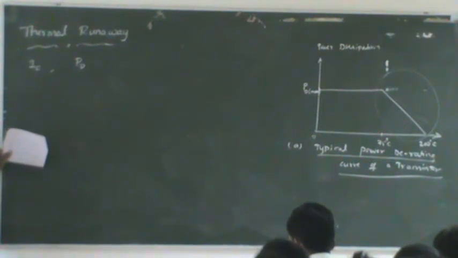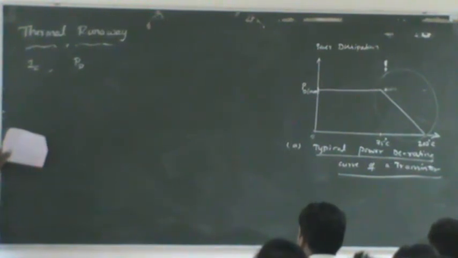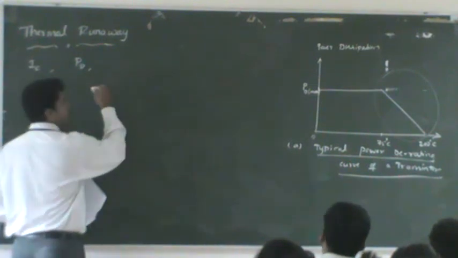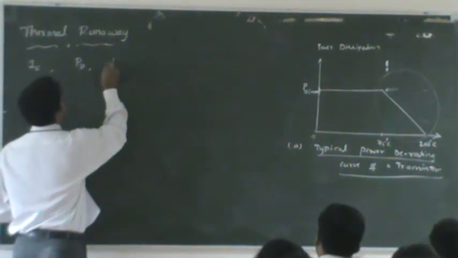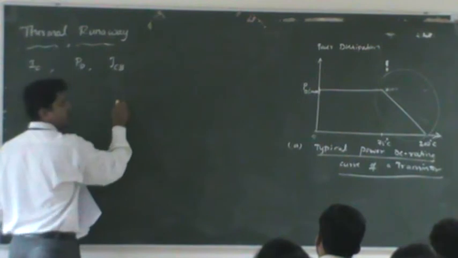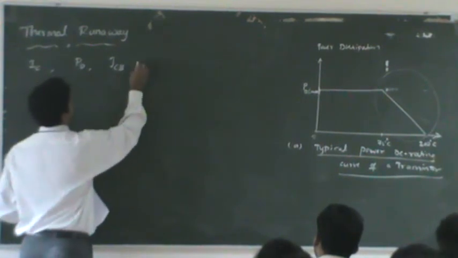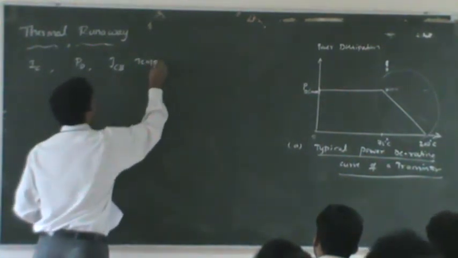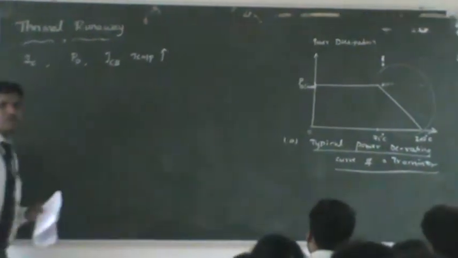In the amplifier, the collector base junction is reverse biased, right? So obviously the junction temperature rises. Let me indicate this as JCB: JCB temperature increases.